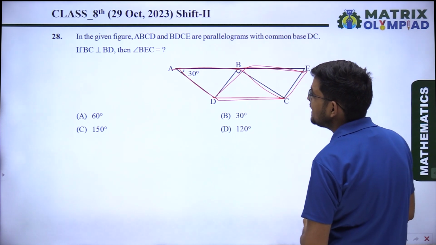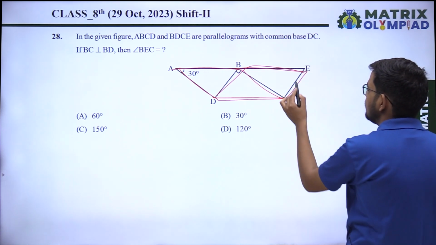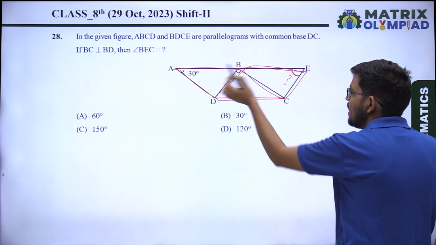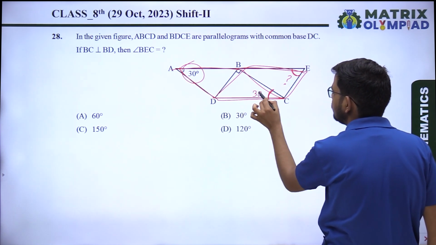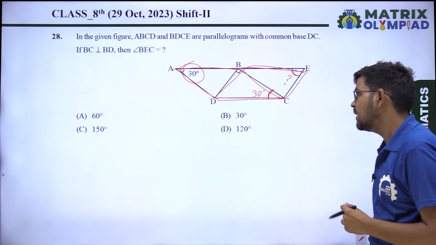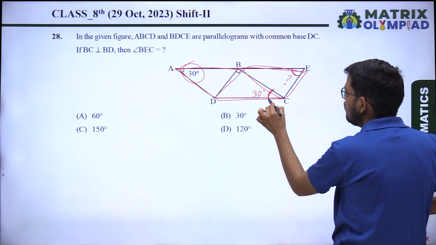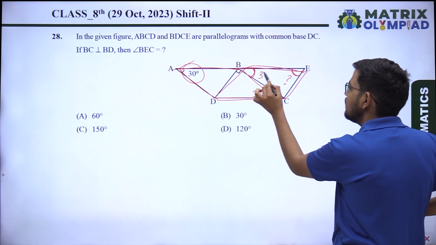We have to find this angle. So if this angle is 30 degrees, then what is the measure of this angle? It is also 30 degrees.